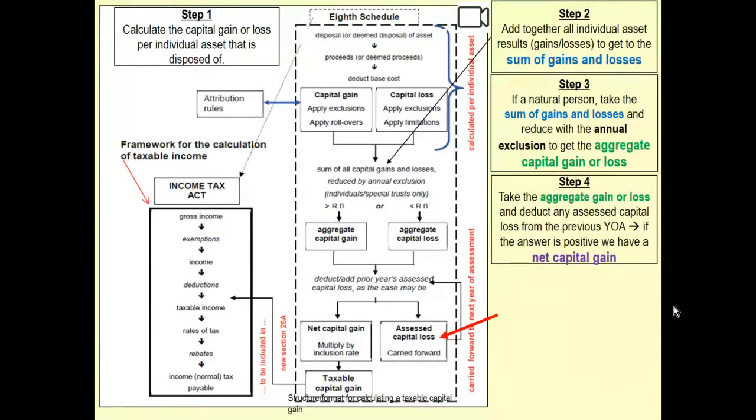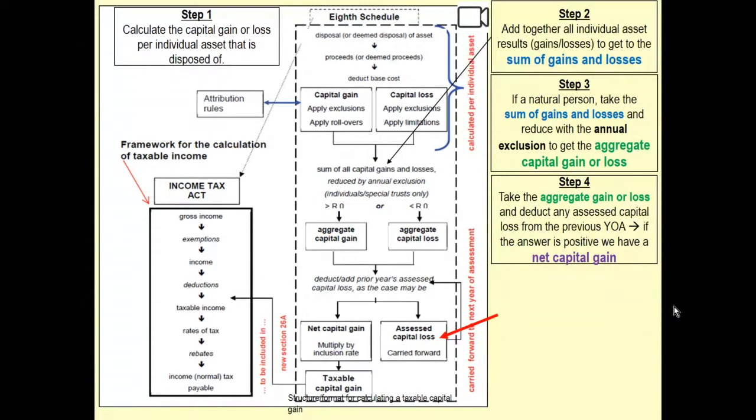So once we've determined our aggregate capital gain or aggregate capital loss, we are then going to check and see whether we have any assessed capital losses from the previous year of assessment. Now, an assessed capital loss is if after you've gone through the entire format, structure, framework for calculating a taxable capital gain, your answer is not positive but negative, in other words, you're in brackets, you're in a negative amount.